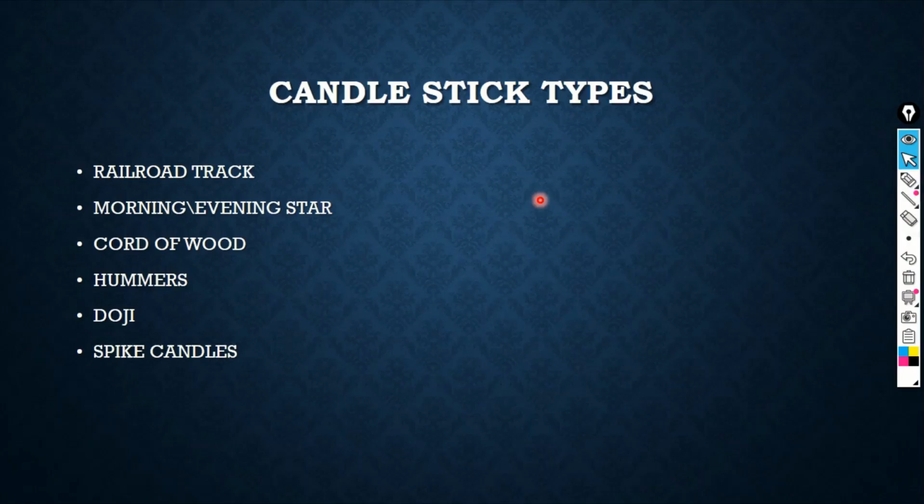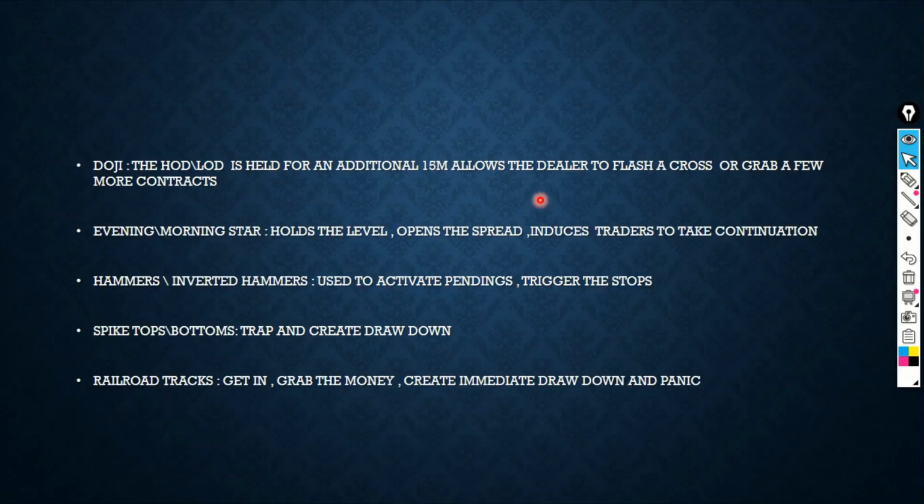There's a guy called Steve Nison, if I'm correct. I read his book where he was teaching me candlesticks only. I had to know something like 7,900 types of candlestick patterns. It does not matter. Only these candlesticks will change your life.